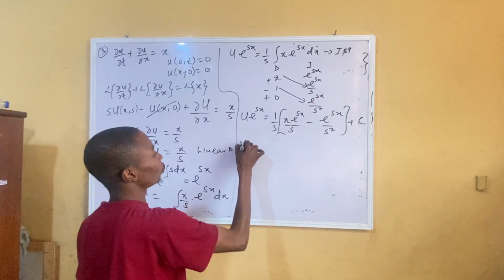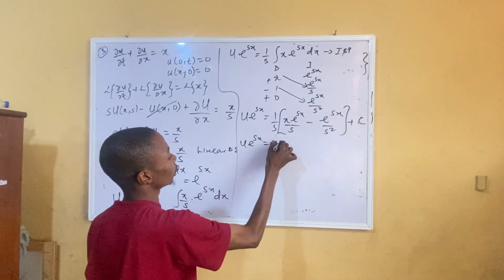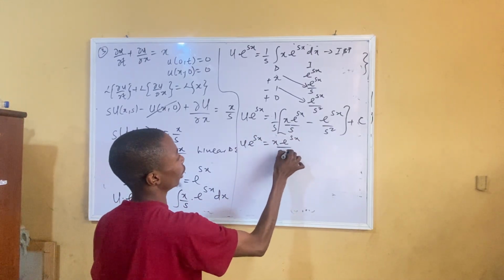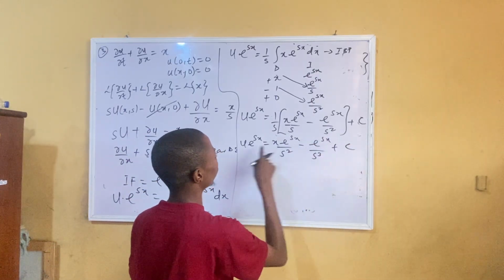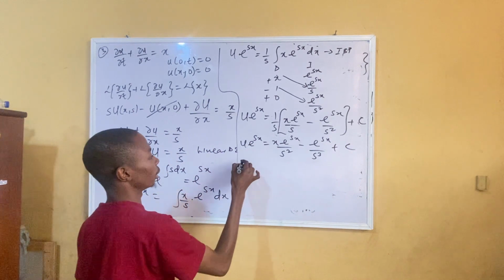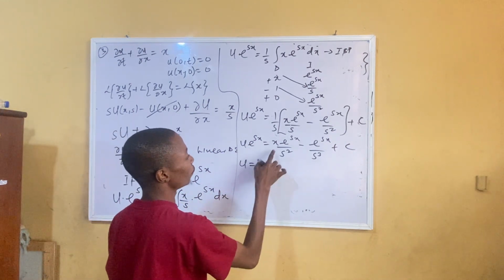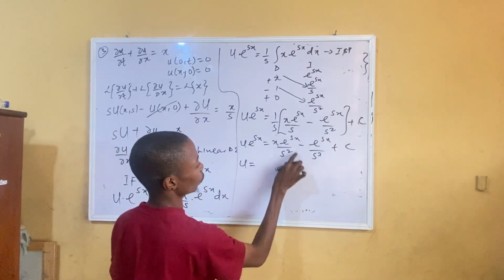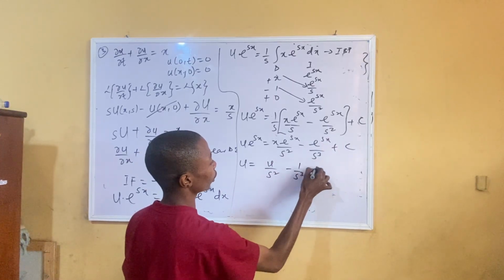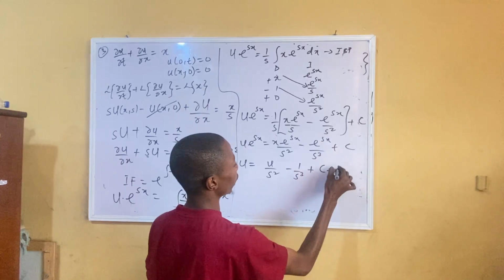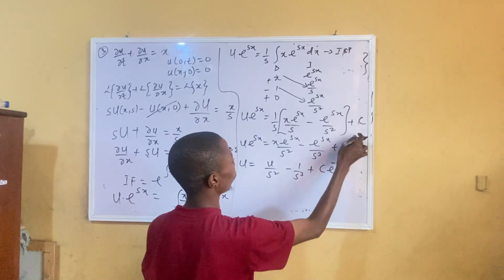So open the bracket. u exponential xs equals x exponential xs over s squared minus exponential xs over s raised to power 3 plus c, right? Now divide both sides by e to the xs. So u equals, if you divide this one by e to the xs, it will cancel. x over s squared. Divide by e to the xs, 1 over s cubed. Divide this by e to the xs, it will come outside.